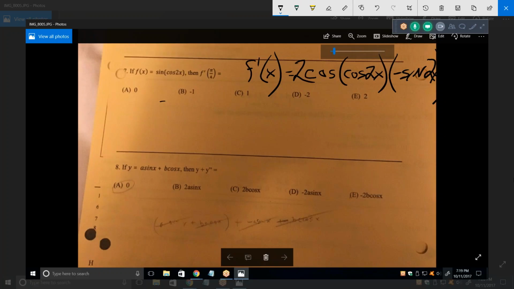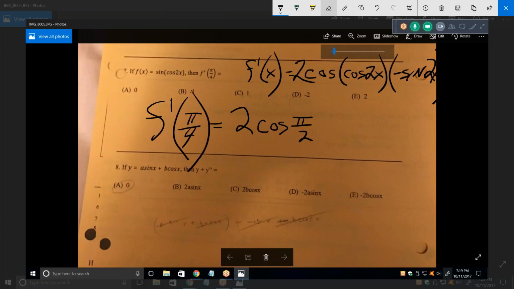Let me rewrite it again. In fact, I don't need to rewrite it. I'll just plug everything in. Let me do exactly as I said I was going to do, which is merely plug it in and then simplify.